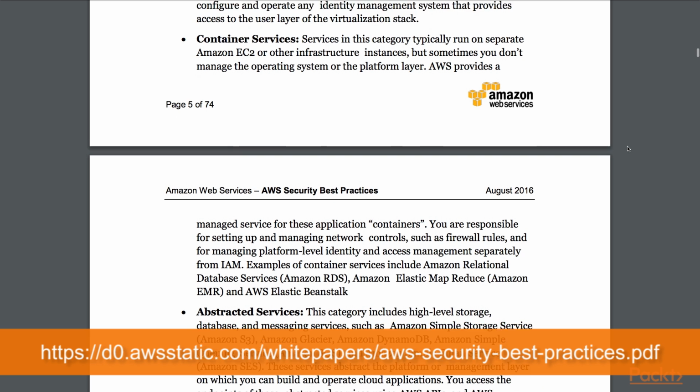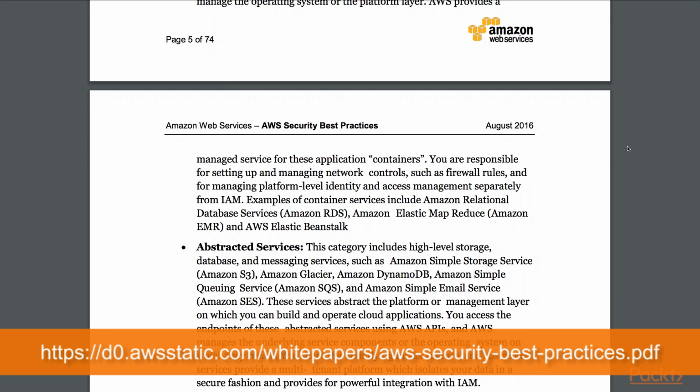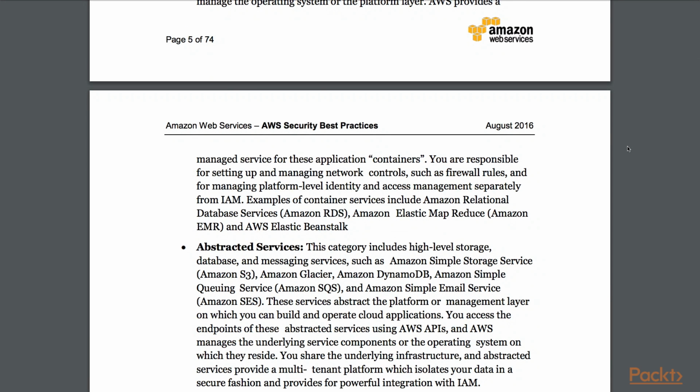And then we have abstracted services, which include high-level storage, database, and messaging services such as S3, Glacier, DynamoDB, SQS, and SES. And these services abstract the platform or management layer on which we can build and operate cloud applications. We access the endpoints of these abstracted services using AWS APIs, and AWS manages the underlying service components or the operating system on which they reside.